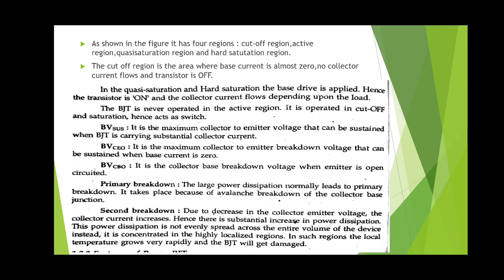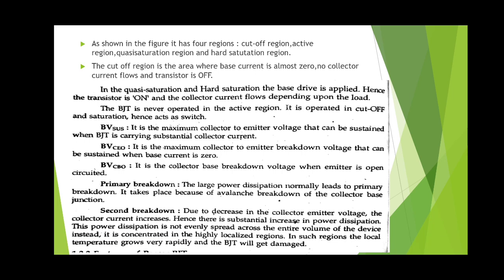When we observe the VI characteristics of BJT, we observe that there are two types of breakdown. First is the primary breakdown and second is the second breakdown. The primary breakdown in BJT takes place because of avalanche breakdown of the collector base junction. We know that there are two types of breakdown, Zener breakdown and avalanche breakdown.